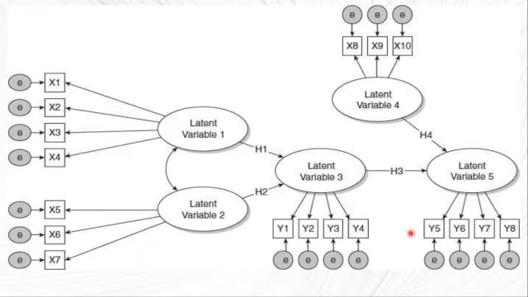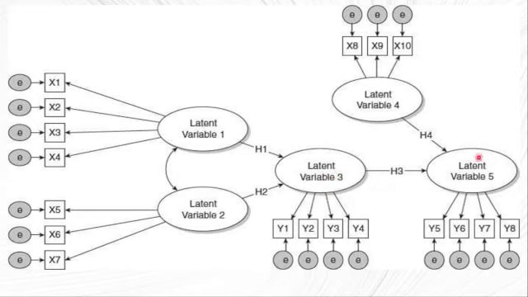In this slide, you can see another example. Here you can see multiple indicators are used. These multiple indicators measure the particular variable. Here the latent variables are given in ellipses. You can see here the measured variables.